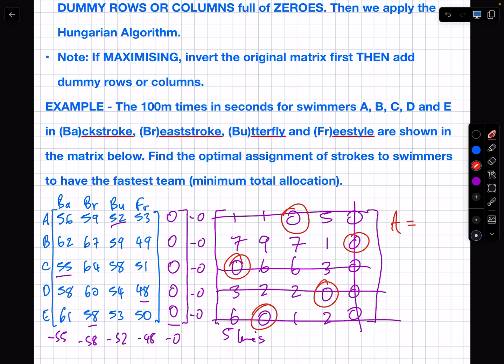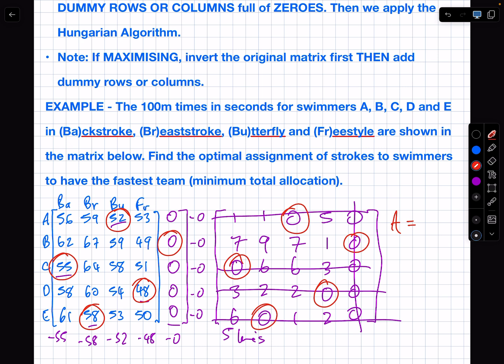Swimmer A does... So please, every year someone stuffs this up because they forget that this has an extra column now and they read it off and they miss. So this 0 here is here. Okay, if you want to double check, place that pattern on the original so you don't stuff it up and try and do everything in your head.